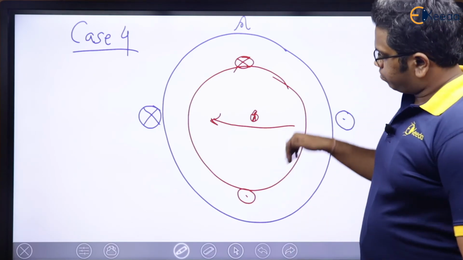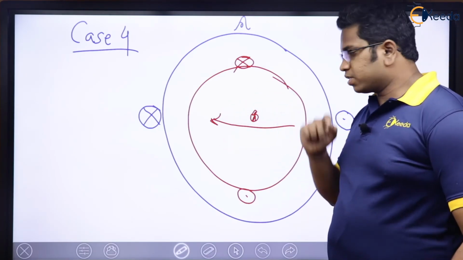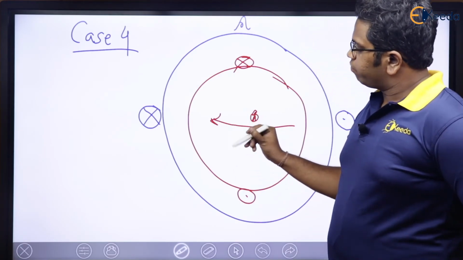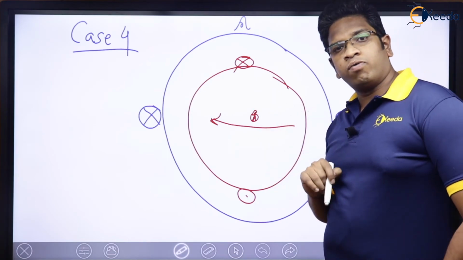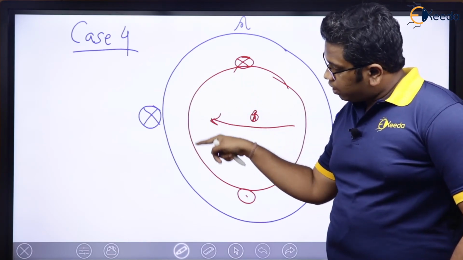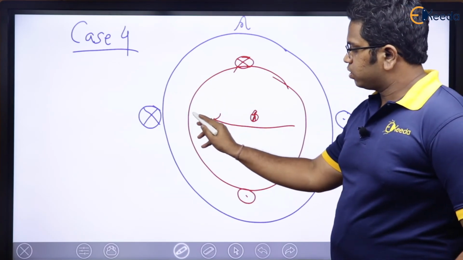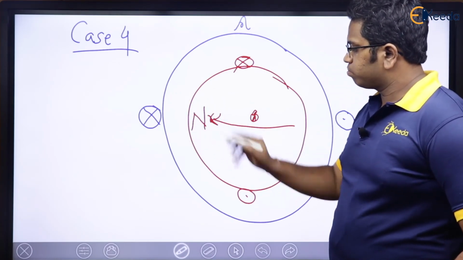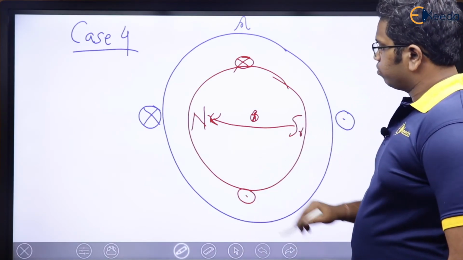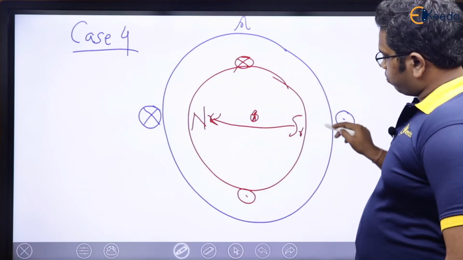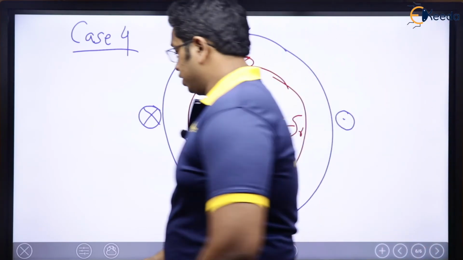Flux direction is this way, which means if I am sitting here in the air gap, what do I see? From this iron portion of the rotor, flux is going to come out, which means this becomes north pole and this becomes south pole. How? Flux will go like this, come back, and here it will enter into this space. It is going to be south pole. We know that.